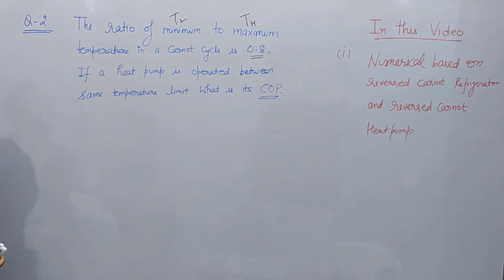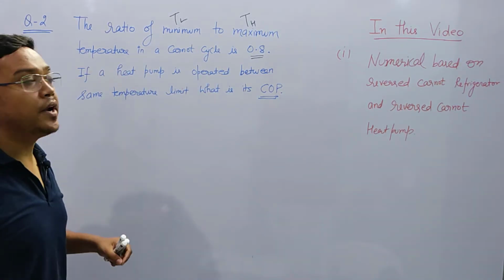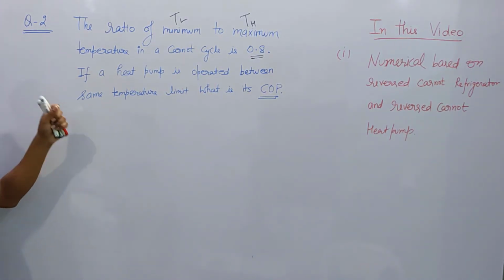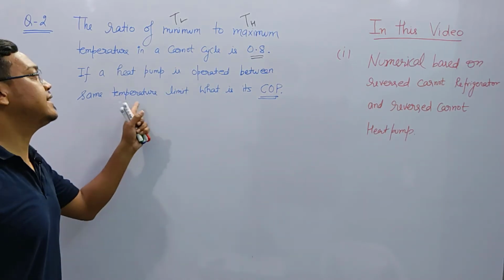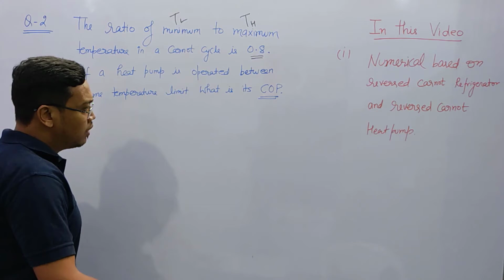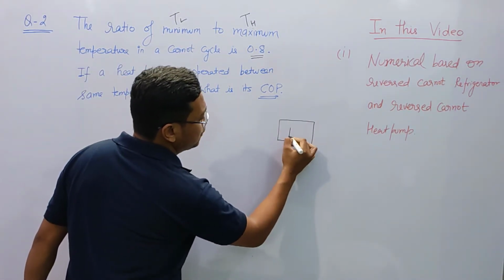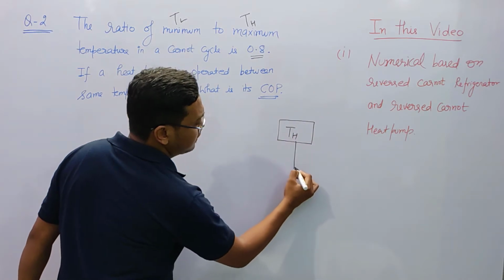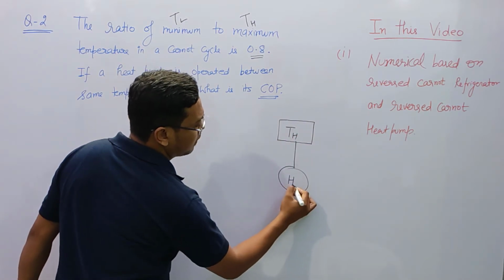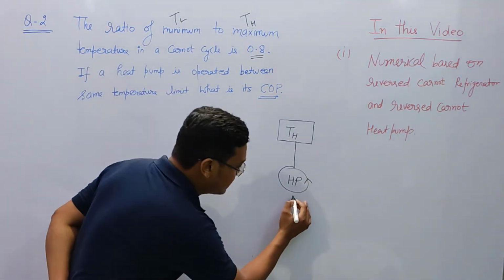If a heat pump is operated between the same temperature limit, then what shall be the COP? Now, this is our TH and this is heat pump. This heat pump is operating between these temperature limits.